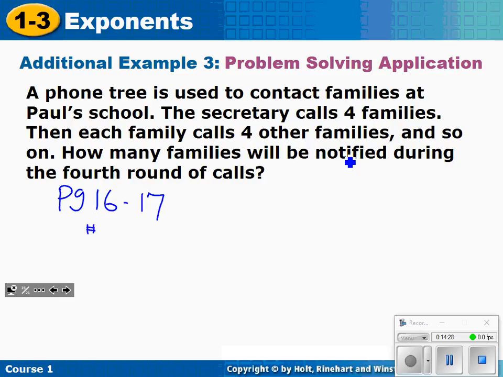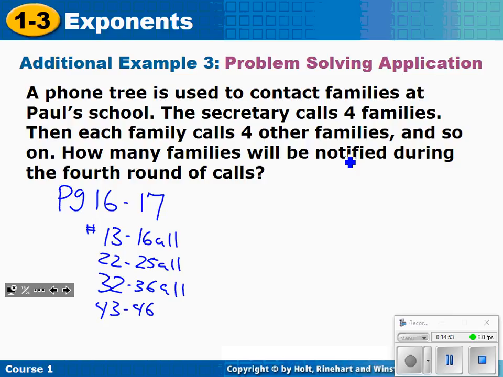Numbers 13 to 16 all. 22 to 25 all. 32 to 36 all. 43 to 46 all. And 53 to 56 all. They're like 4 problems. 4, 4, 4, 4, 4. You know, it isn't really that many problems.